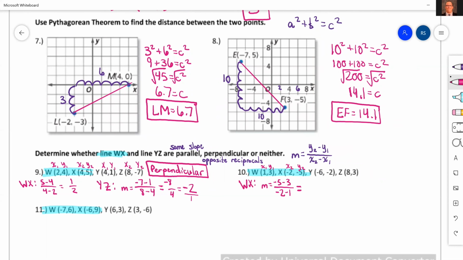Negative 5 minus 3 is negative 8. And then negative 2 minus 1 is negative 3, which turns into 8 over 3.